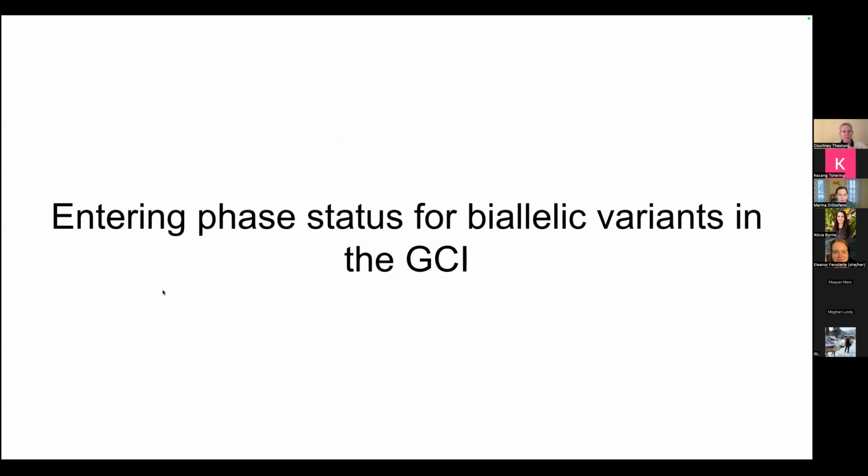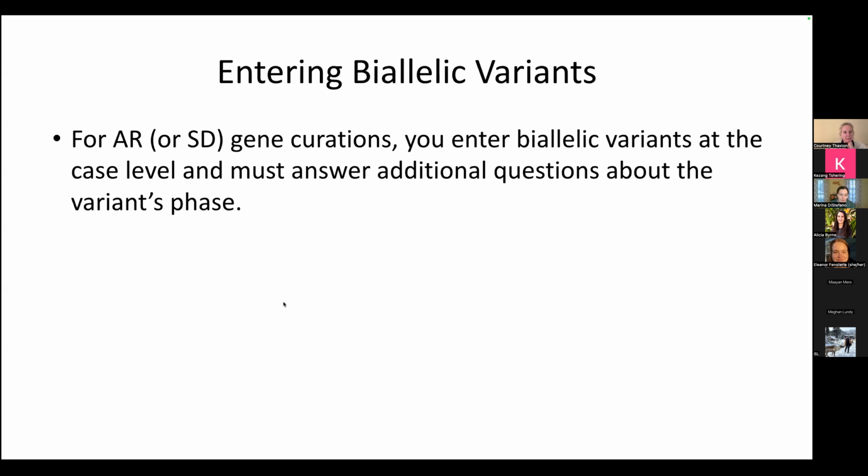Okay, so we'll move on to entering phase status for biallelic variants. For autosomal recessive or semi-dominant gene curations, you enter biallelic variants at the case level, and you have to answer additional questions about the variants' phase because there are those two variants.